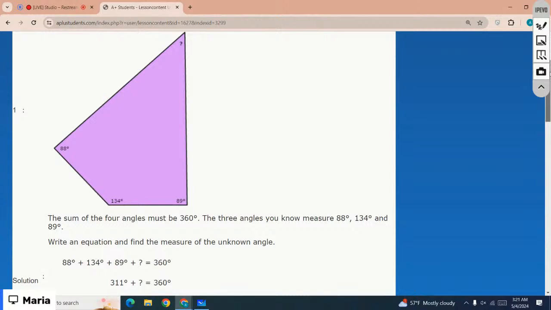So there are one, two, three, four angles in the shape. The sum of the four angles must be 360, right? Because that is a four-sided shape. So for a four-sided shape, the sum must be 360 degrees. You are given three of the angles. Just add them and subtract them out of 360.